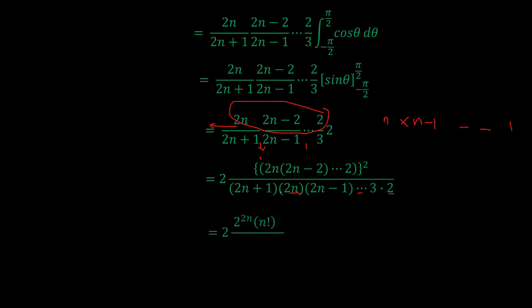So by pulling out 2, as I mentioned previously, we have 2 to the power 2n. And then here we have n factorial squared over 2n plus 1 factorial. And that is that.